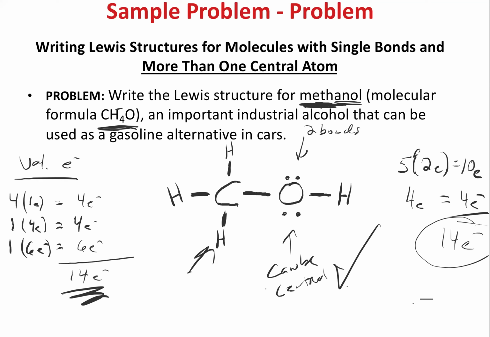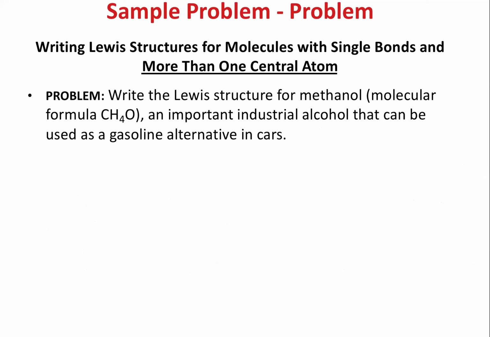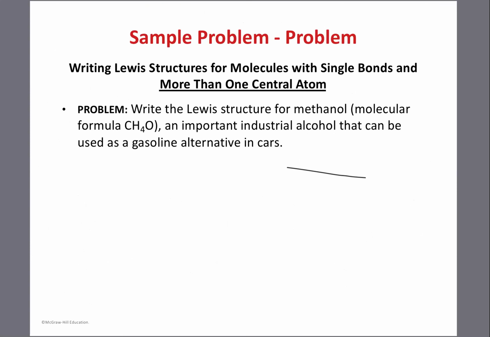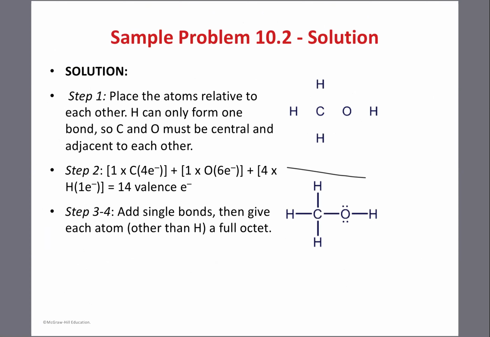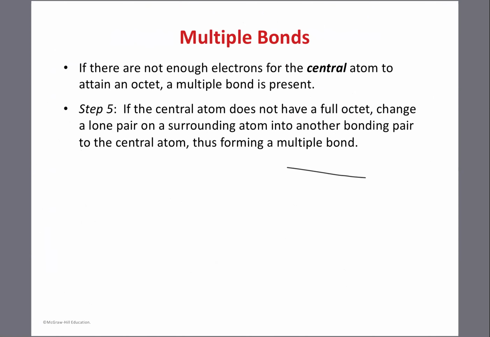It may not always be, but it can be because it can form 2 bonds. You need to at least be able to form 2 bonds to be a central atom. And carbon almost always is a central atom. Carbon likes to form 4 bonds. These patterns you're going to see over and over again, so as we move through this section, I definitely want to point out some of these things that consistently come up.